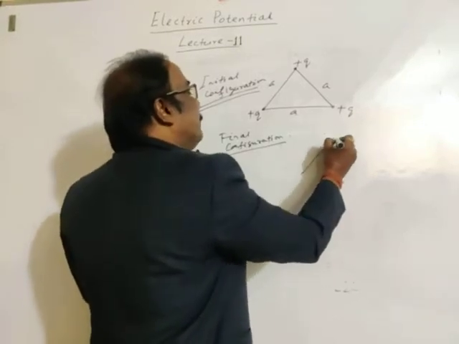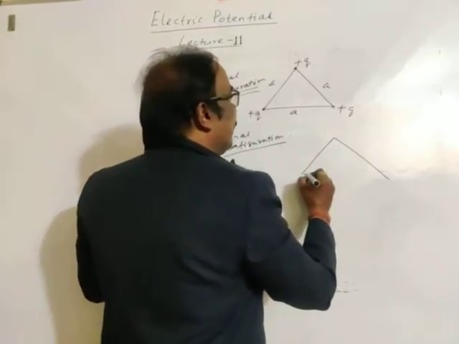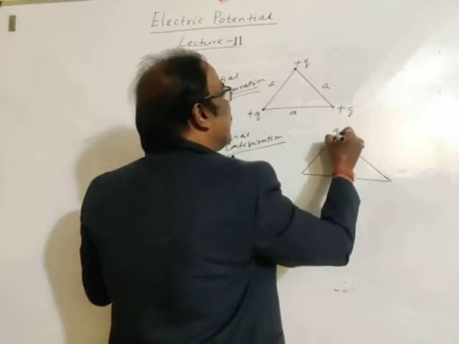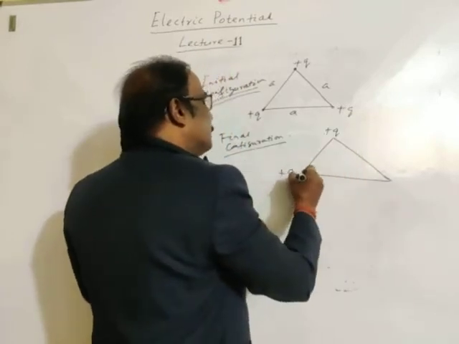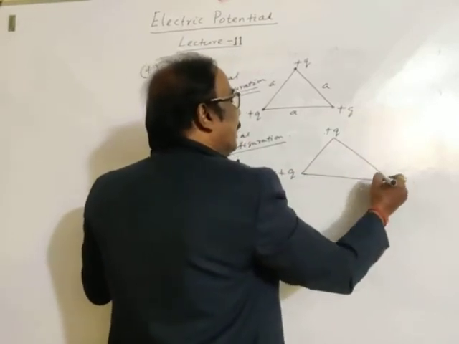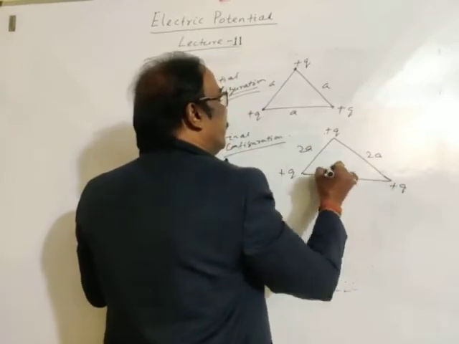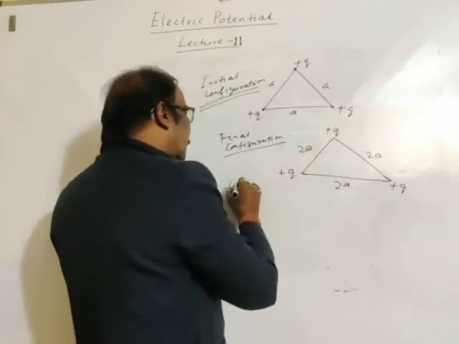Let now the charges be kept at the vertices of an equilateral triangle of side 2A. Then what is the work done?